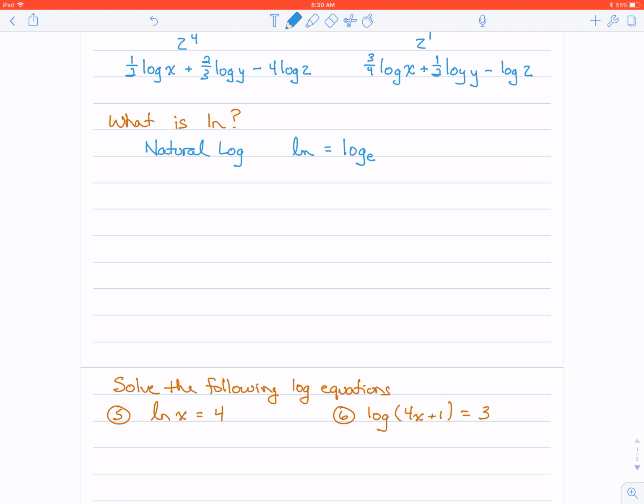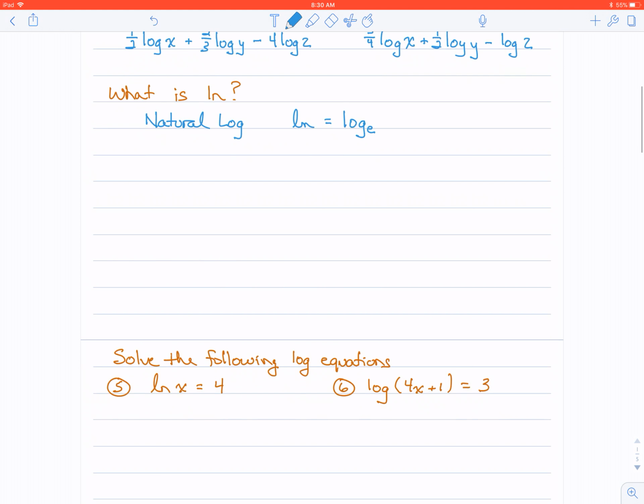E appears in nature everywhere, so I feel that's where it got its name, natural log. And so since e appears so much when you're doing mathematics, it got its own special name, so you wouldn't have to keep writing log base e. So anytime you see ln, it's just log base e, and you could use it any way that you would use any other log with any other base. Okay?